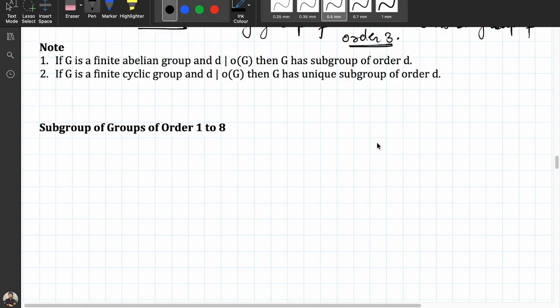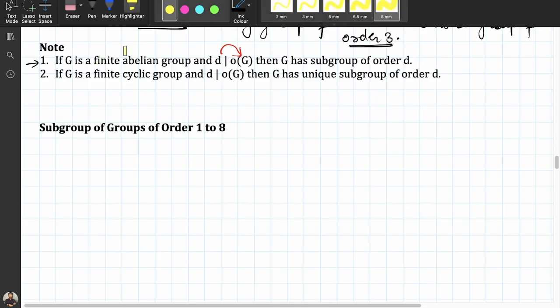Okay, so come to the next point. If G is a finite abelian group, and D divides the order of the group, then G has a subgroup of order D. If it is a finite abelian group, the converse of Lagrange's theorem is true.